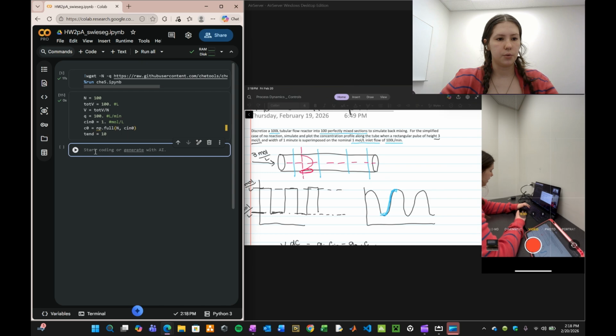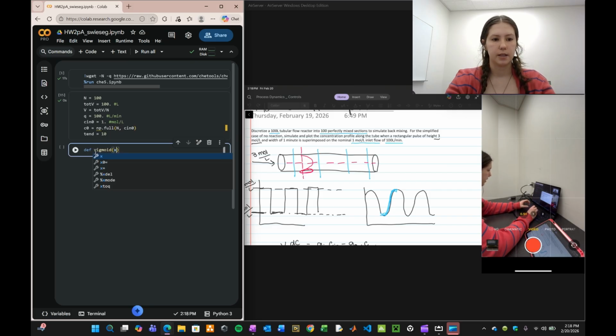And then we want to define our sigmoid function. So we'll just call it sigmoid. And so we want it to be x, and then we want to put in a value here, x naught.